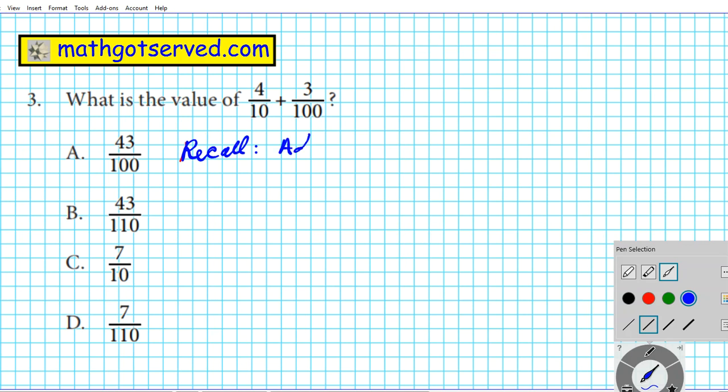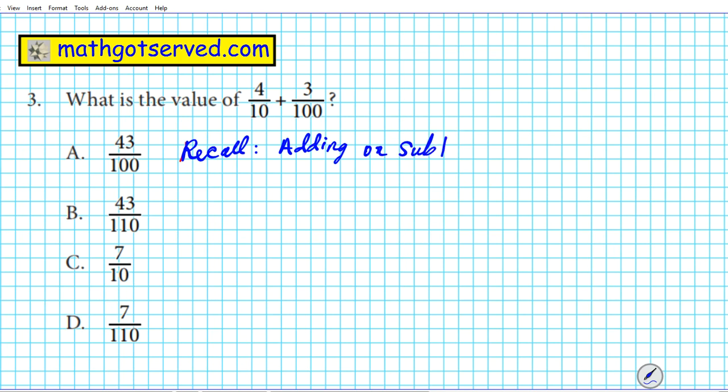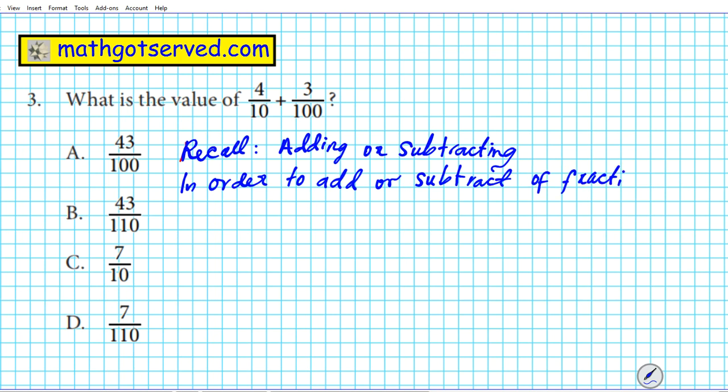One thing you will have to recall concerning adding or subtracting fractions: in order to find the sum or to find the difference of fractions, the denominators must be the same.